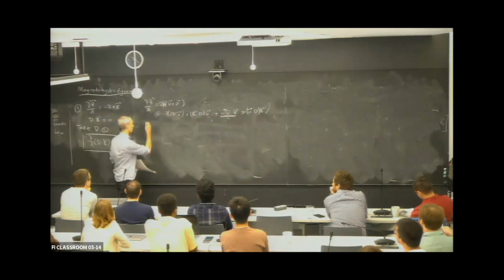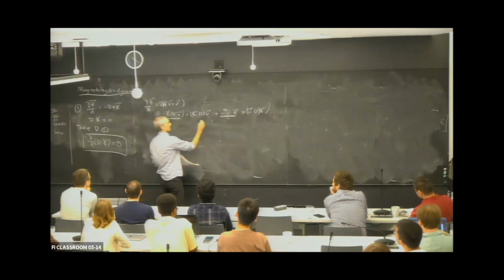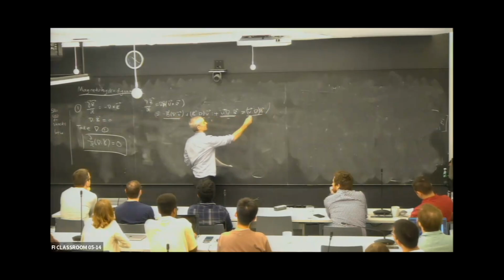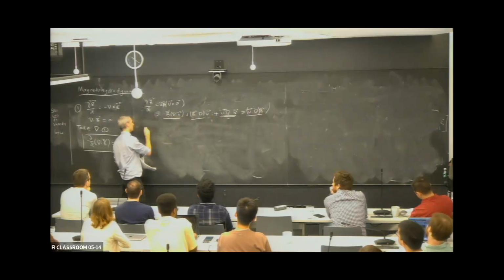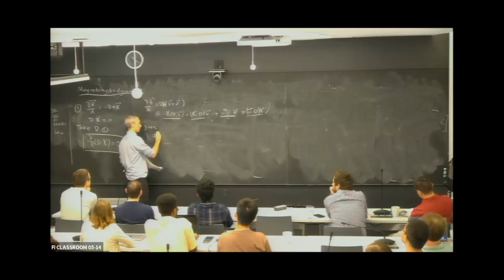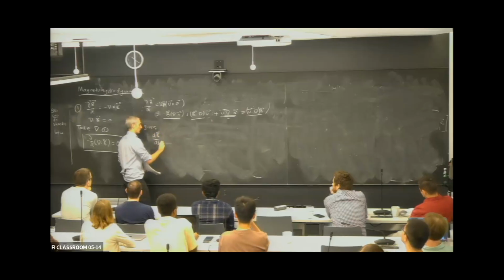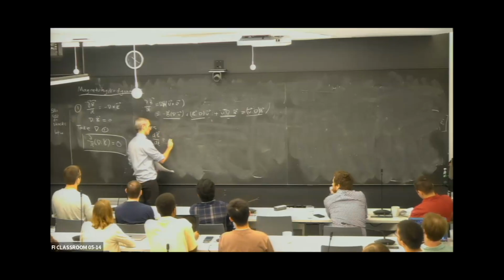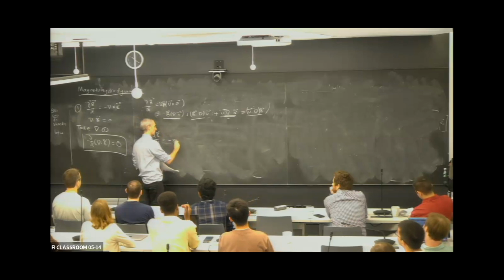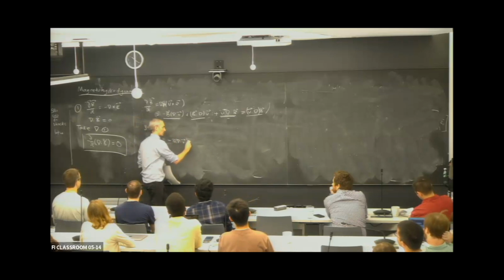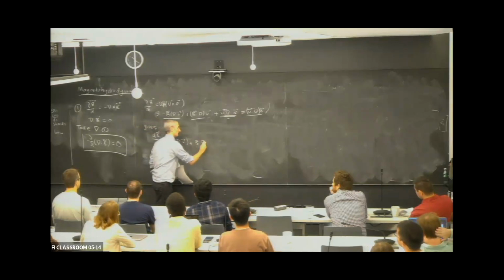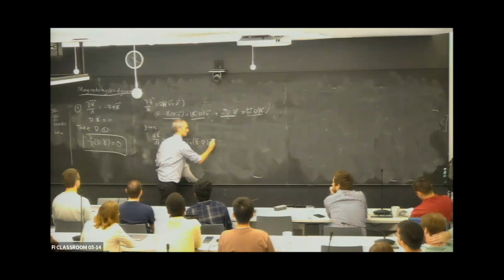For example, if I collect this term onto the left-hand side, in Lagrangian form this gives dB/dt equals minus B div V plus B dot grad V.